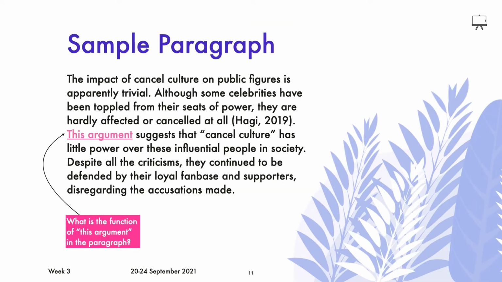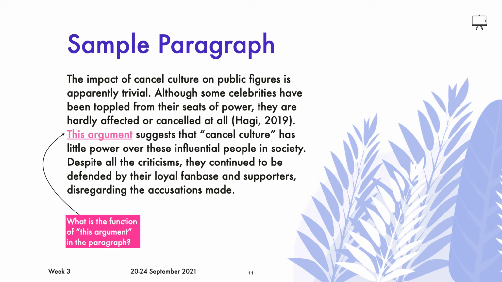And the next question will require you to read a sample paragraph. Actually, it was from the students that I used last week, but I found that it was a little bit clumsy, so I rephrased it a little bit. So let's read it together. The impact of cancel culture on public figures is apparently trivial.